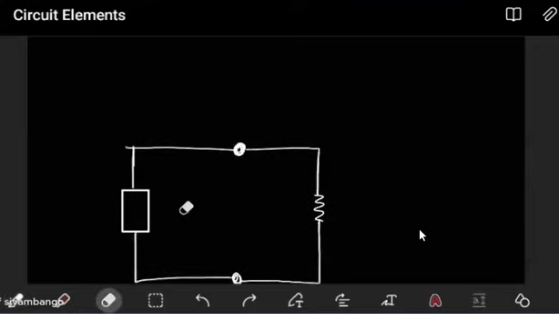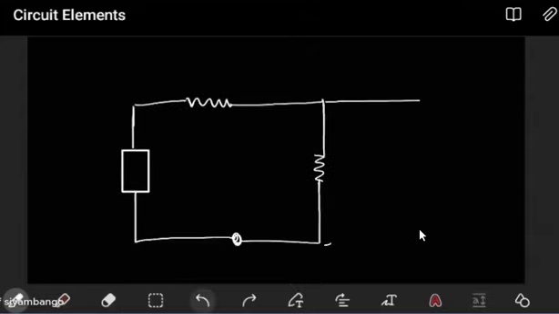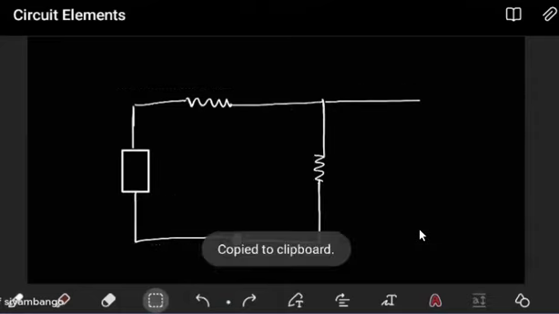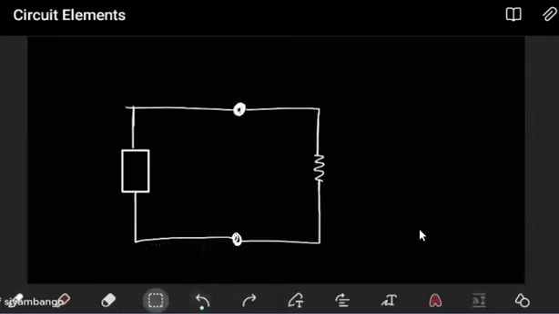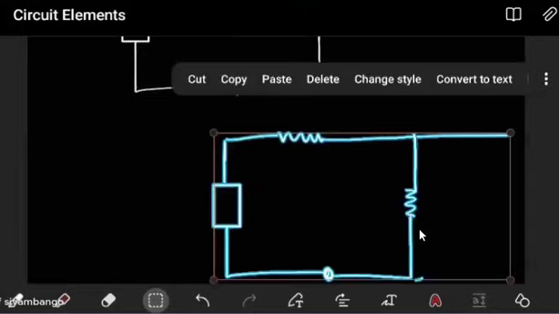If I was to place maybe another element here and then do this, let me copy this and then take it back. So you have to see the difference between the two circuits.